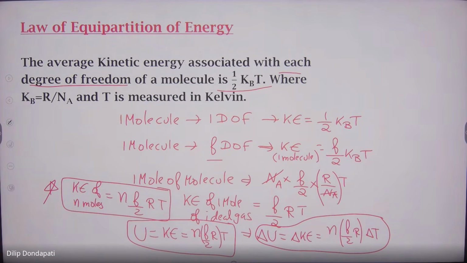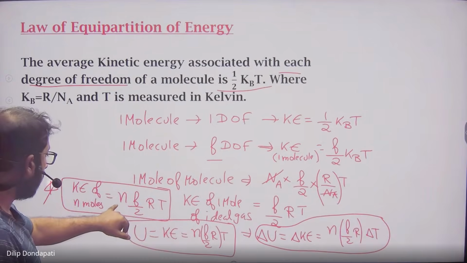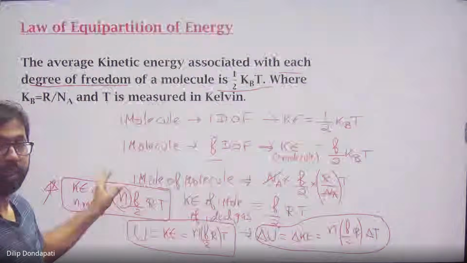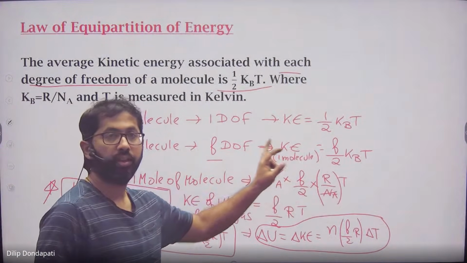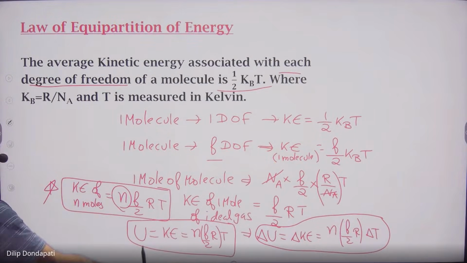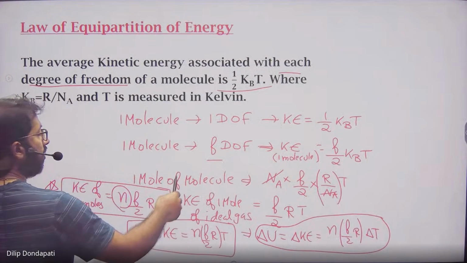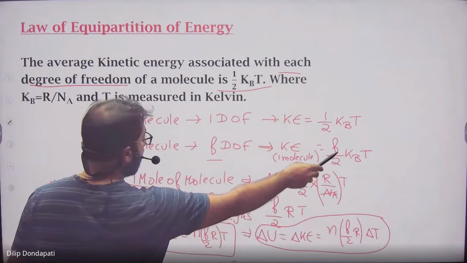So sir, this is just for 1 mole of gas. So does F by 2 not depend on the number of moles? The number of moles depends on N. Kinetic energy of N moles means N into F by 2 RT. This is the Avogadro number. When we convert molecules to moles we use the Avogadro number, so k B is R by Na.